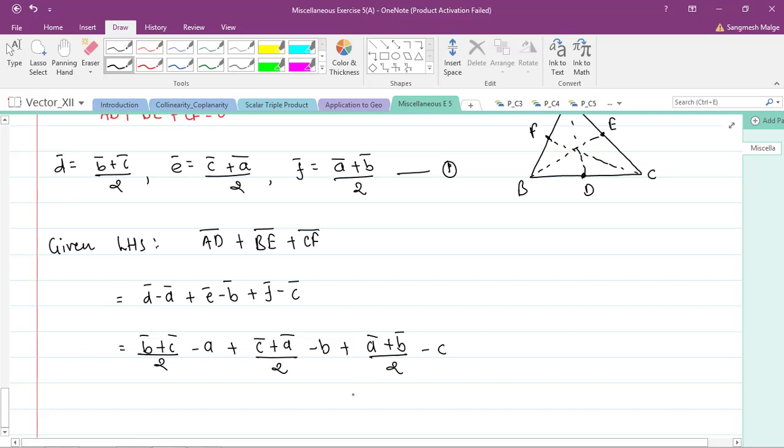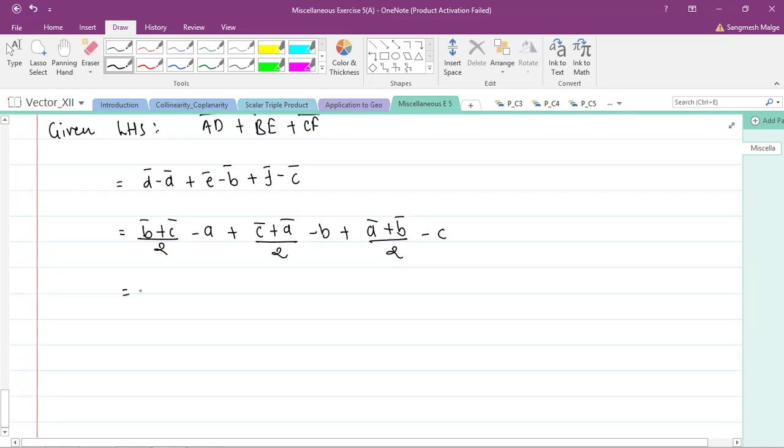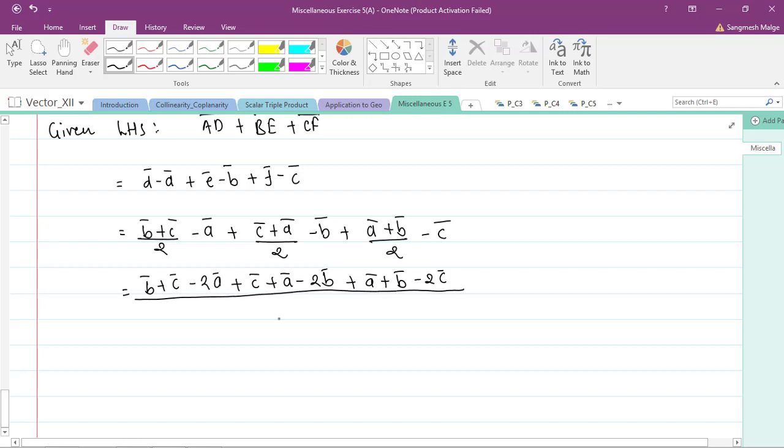Okay, so this is what we have. Now if I take the LCM, what you will get is B bar plus C bar minus 2A bar, plus C bar plus A bar minus 2B bar, and plus A bar plus B bar minus 2C bar, whole divided by the LCM, which is 2.